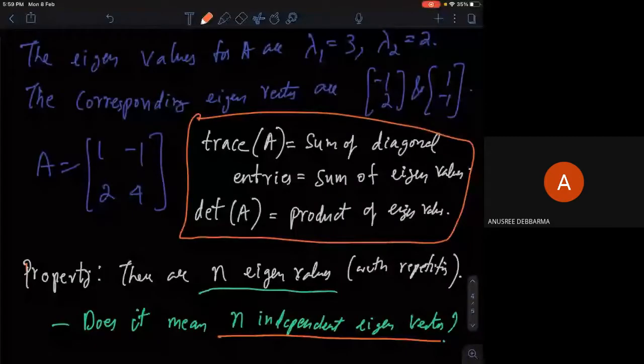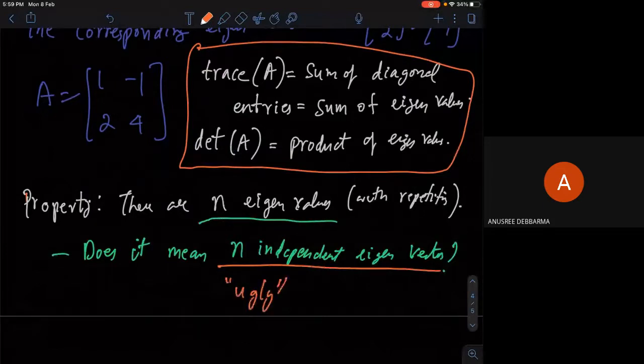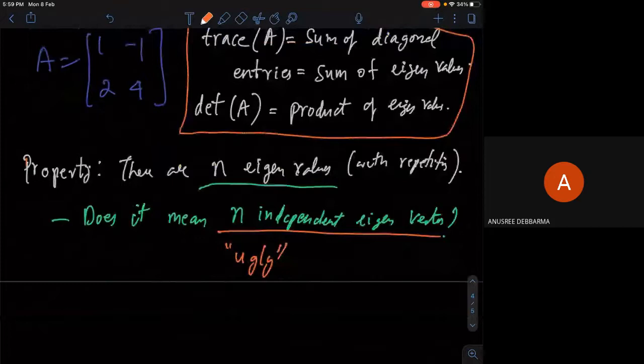That is unfortunately not guaranteed. I don't like those matrices, but what can we do? There are such matrices. There are some ugly matrices which do not have n independent eigenvectors. Most matrices have independent eigenvectors, but there are a few which do not. We will soon see one example.